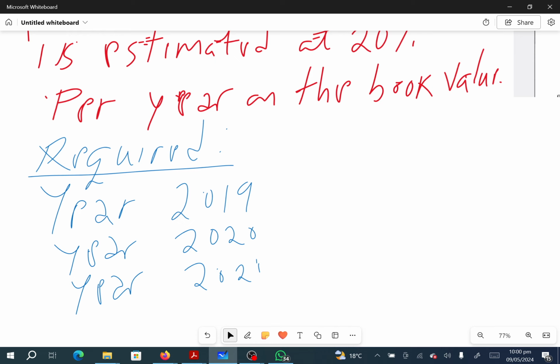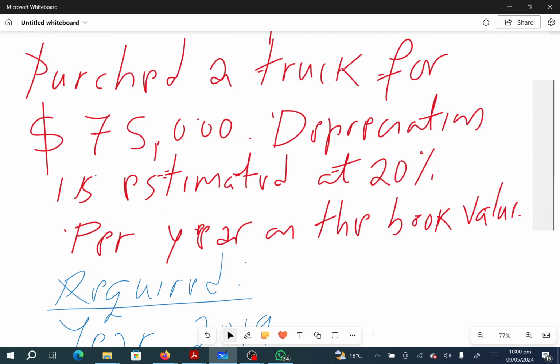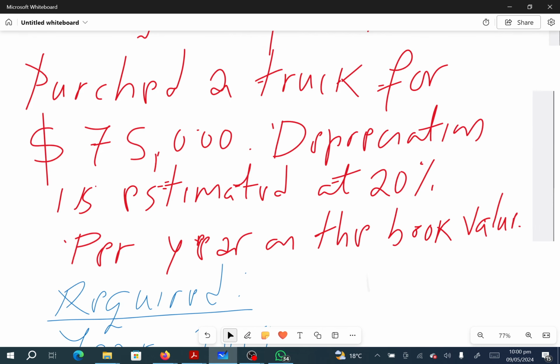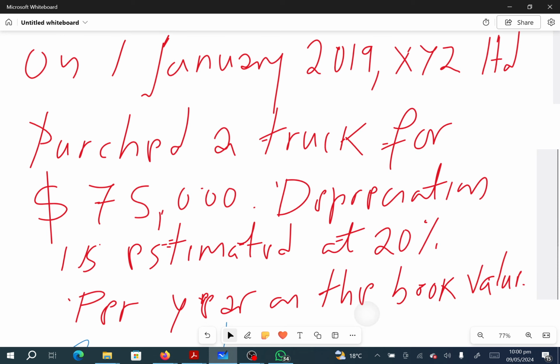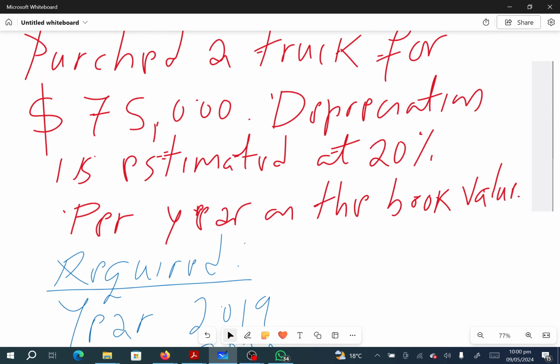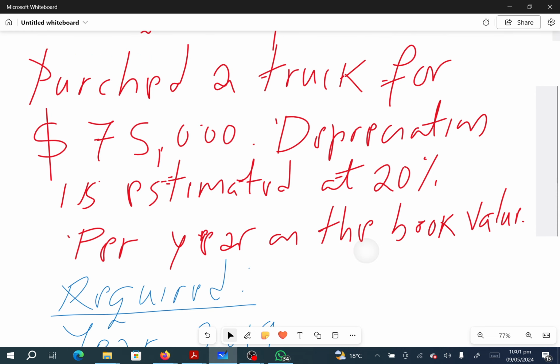Okay, so let's go into the main business. From the question here, it's saying on January 2019, XYZ Limited purchased a truck for $75,000. So the $75,000 becomes your cost price.